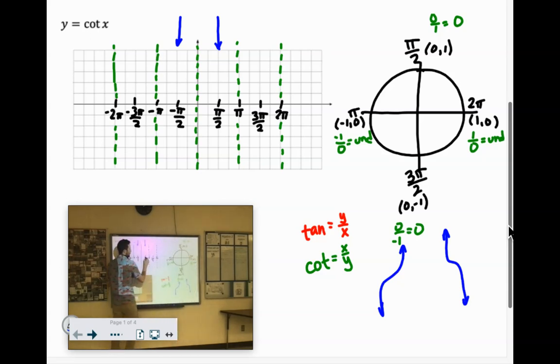So now they're at 0, pi, 2 pi, and it's the same period, pi. So you find your center point, and then instead of typically going up 1 over 1, we're going to go down 1, right 1. We can go up 1, left 1. So it's kind of just like if we had the negative tangent, but slid over half a pi. Find your middle.